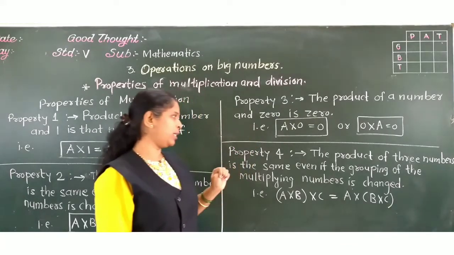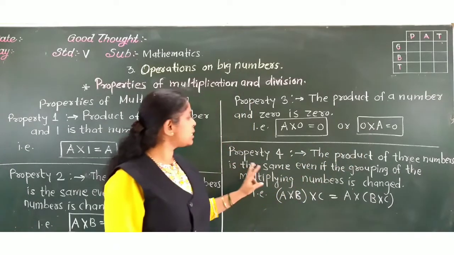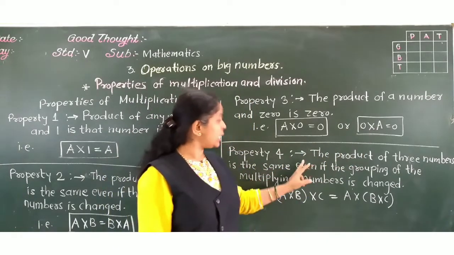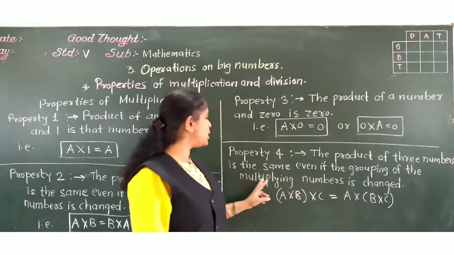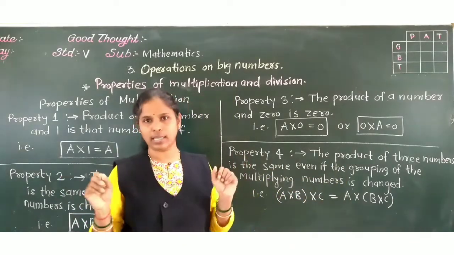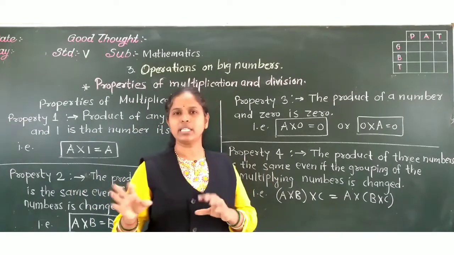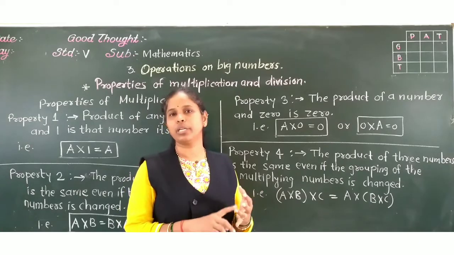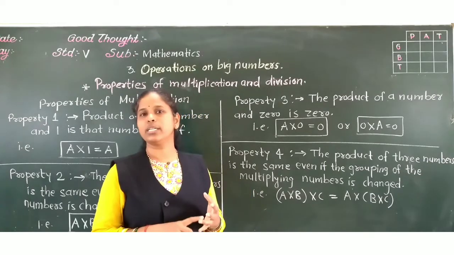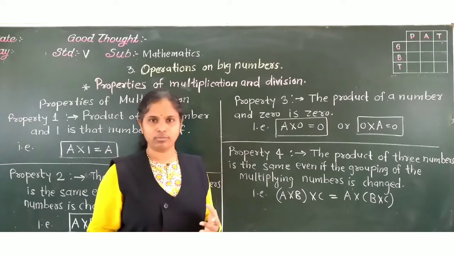Now the fourth property. The product of three numbers is the same even if the grouping of the multiplying numbers is changed. Suppose three numbers are there and we take their product, we will get some answer. For example, 2 into 3 into 4: 2 3s are 6 and 6 4s are 24.